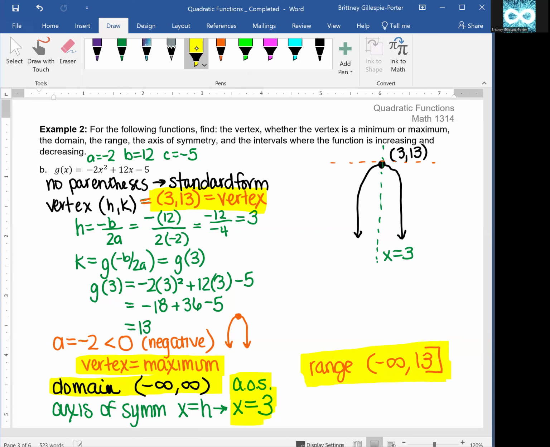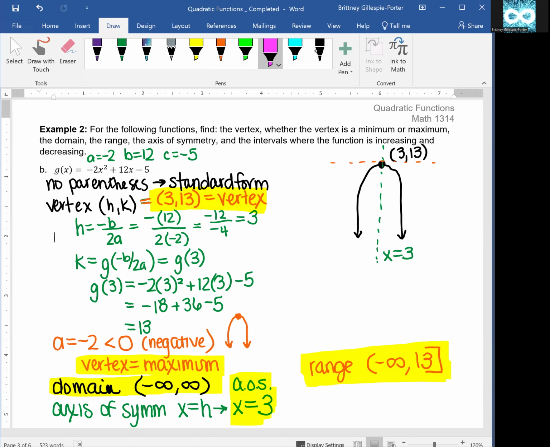If your graph is opening down, this is the form of your range. It'll be negative infinity to the y value of your vertex or your k value. When your graph is opening up, it's your k value or the y value of your vertex on up to positive infinity.